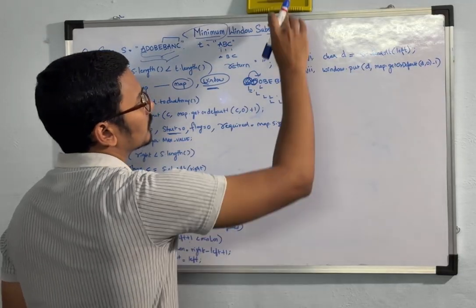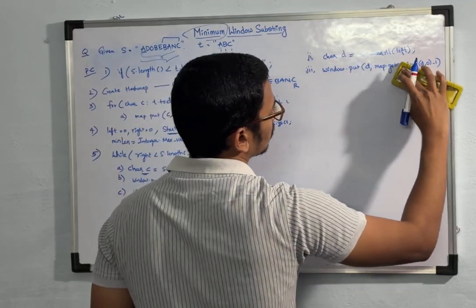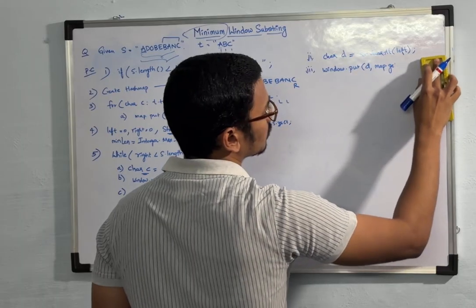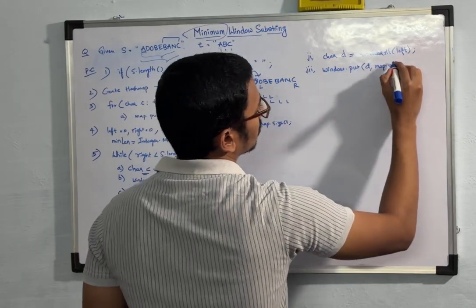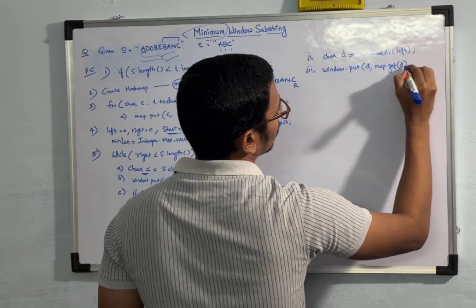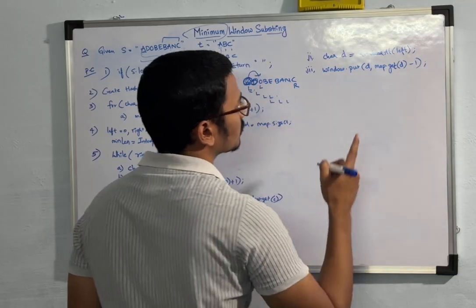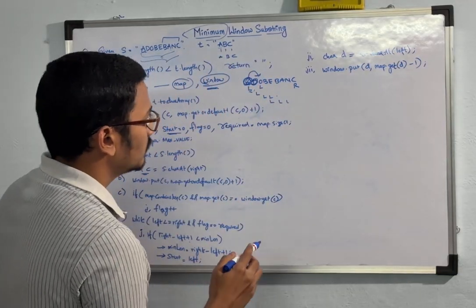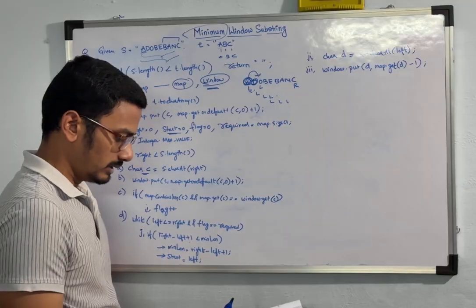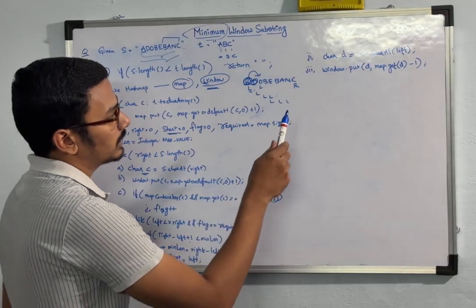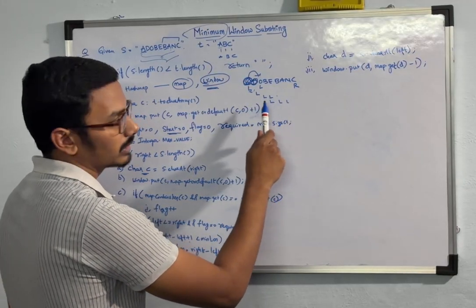Not get or default, it is already definitely present, then only we can remove. So that's the thing. So you understood why we are writing this third point, because I want to remove it whenever we keep on going like this.